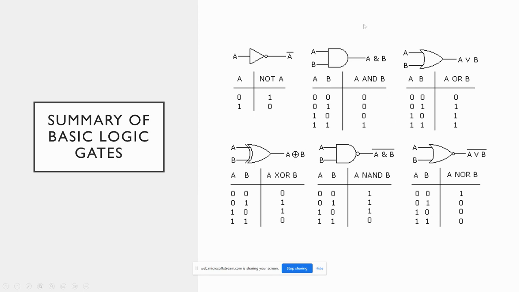The NAND gate is just the AND gate with a line on top of it to represent the negative. With OR it's common sense, the same thing: we put the line on top of it to represent the NOR gate. And in terms of XNOR, you have the XOR gate with a line right on top of it, and that makes it the XNOR gate.